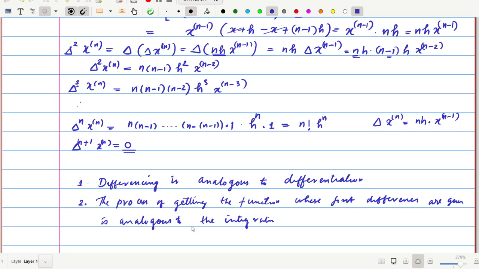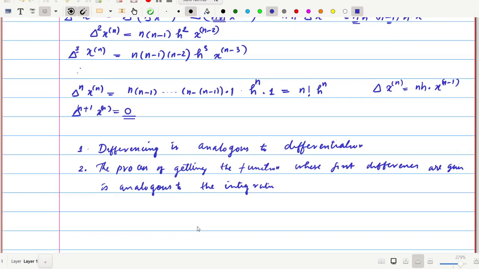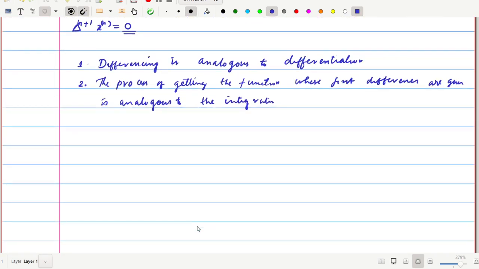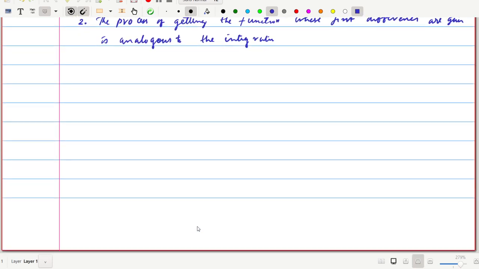Now we will discuss a problem to find the successive differences of a factorial polynomial, and how to find a function whose first difference is the given function.